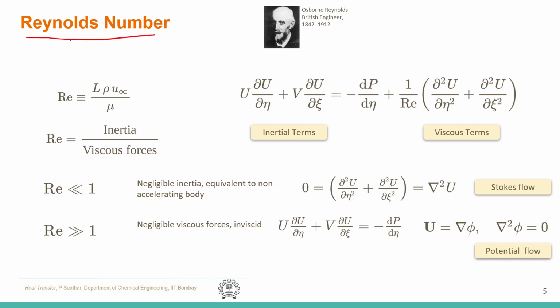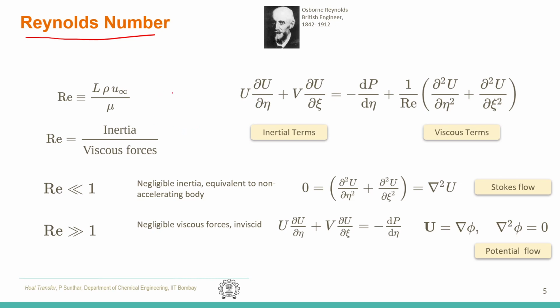So the first number is the Reynolds number. We define it as L rho U upon mu, that is density times the velocity of the fluid, times the length of the object over which the fluid is flowing, divided by the viscosity of the fluid. Essentially, you can also call it the ratio of inertial forces upon viscous forces.